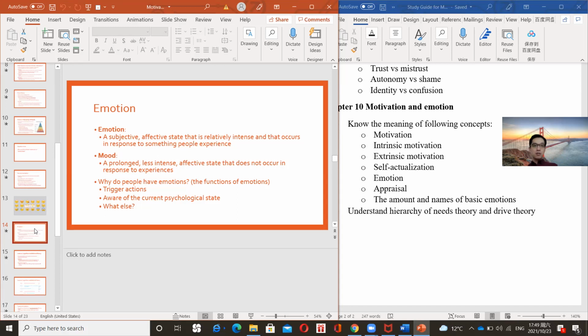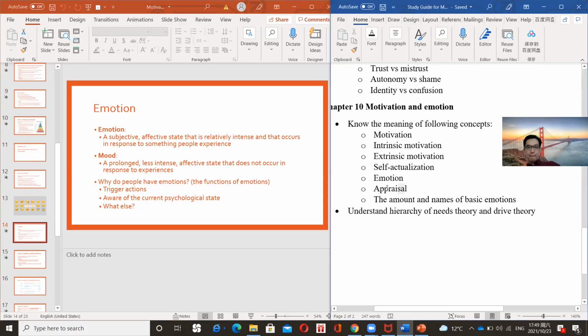And emotion occurs because people have the reactions, have the responses to something, to some events, right? So that is emotion. Emotion is different from mood, but you don't have to know what mood is for this test. But emotion, you need to know what that is.